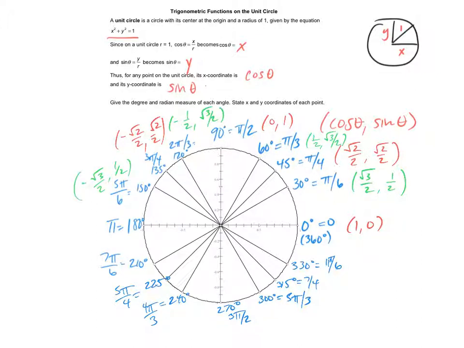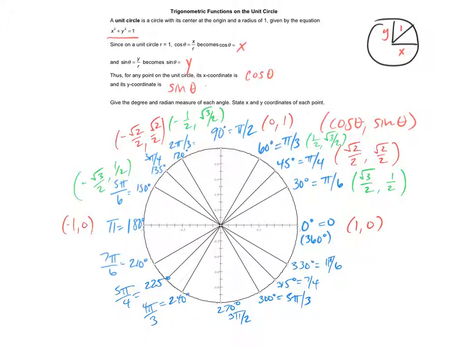And at 180 degrees, we have exactly negative 1 and 0. As we keep going around the unit circle, you'll notice as we reflect this circle from quadrants 1 and 2 into quadrants 3 and 4, we'll keep those same ratios, but the negative signs will move around.